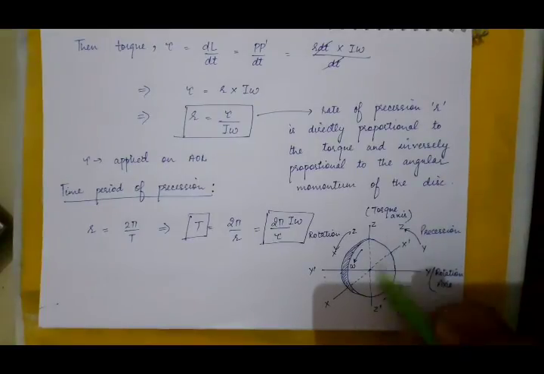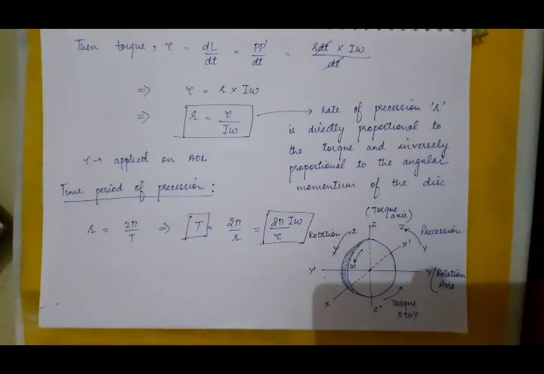And if you keep on applying torque, then at one stage this y dash will change to z dash because of the precessional motion. So under that torque, which we are applying from x to y, it will perform precession from y to z. So this is all about precessional motion.